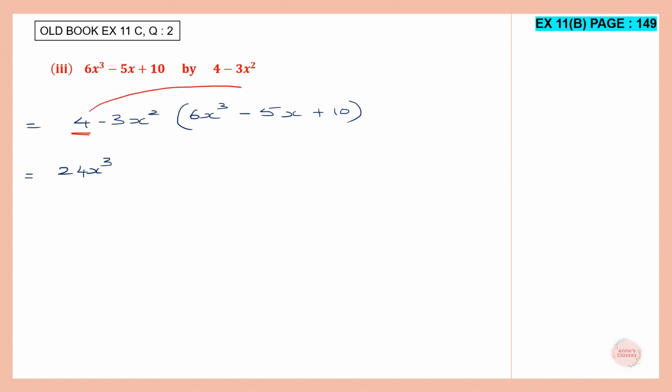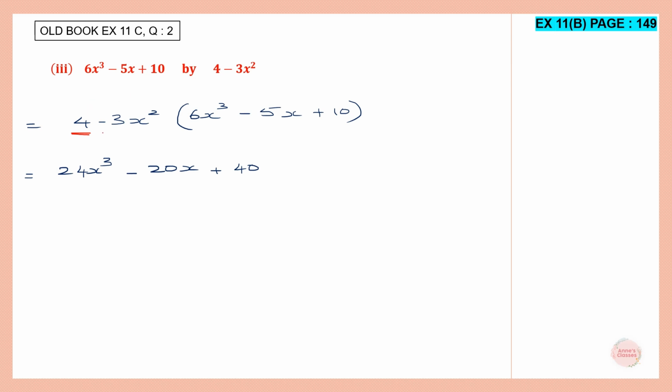So 4 into minus 5x. So the sign is minus. Multiply the numbers. 4 5s are 20 and we write 20x. Now we have to multiply 4 into the third term, which is 10. 4 tens are 40, that is plus 40. So this way we finish with the first term of the binomial.